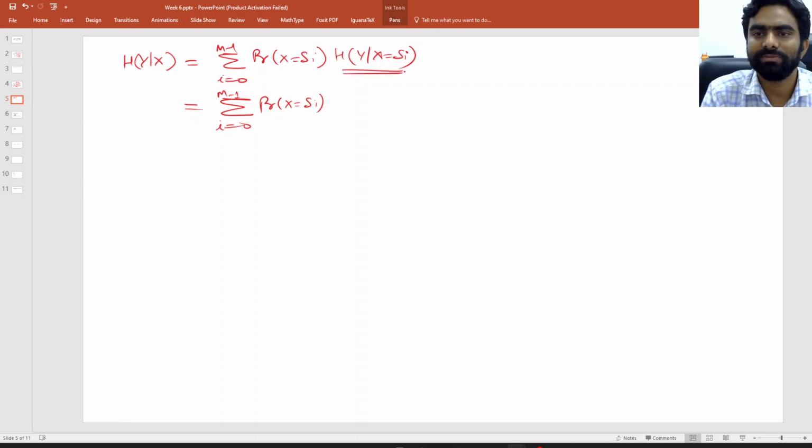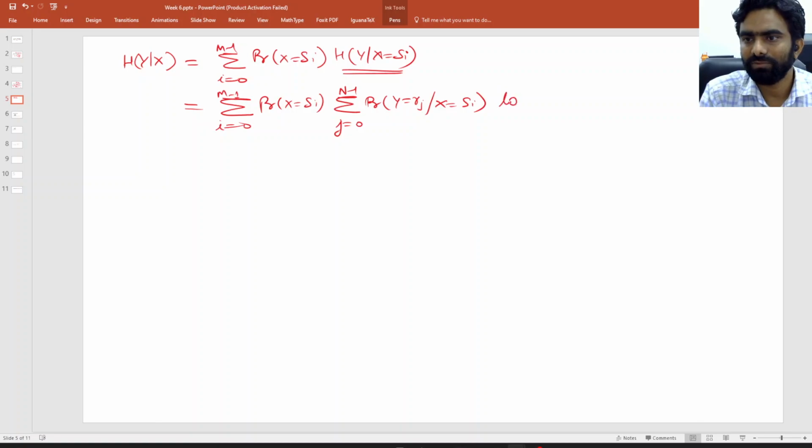And this can be expanded; this is the entropy. Expanding that entropy, the sum over j equal to 0 to n minus 1 of the probability that Y equals rj given X equals si, times log 2 of 1 by the probability of rj given X equals si.